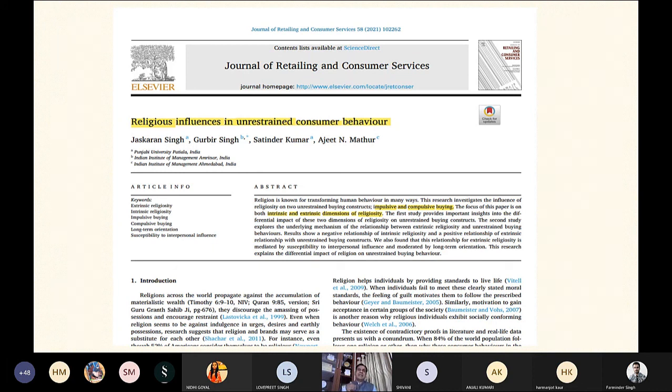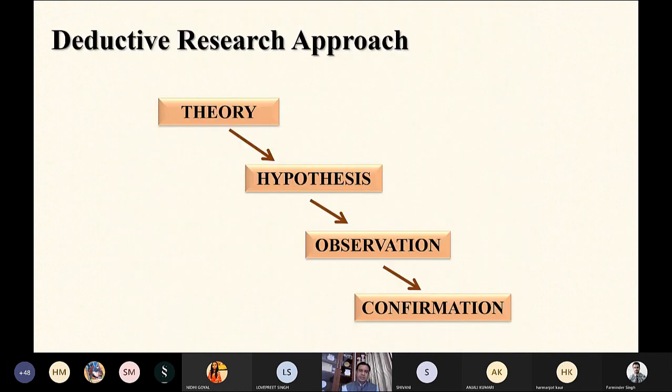After reading the literature, we were able to identify these two or three concepts. So this is how the topic was identified and chosen by us, and the study was narrowed down keeping in mind the literature.